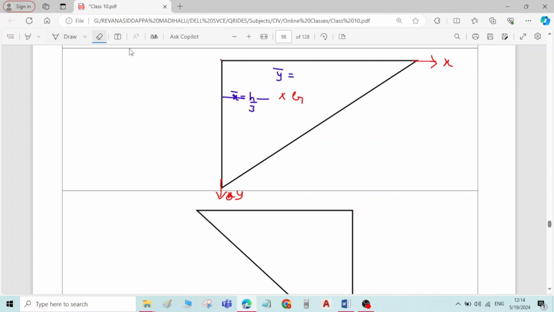If I take this as base and this as height, x bar will be b by 3 and y bar is equal to h by 3. Sign will be negative for only y and it is positive for x value. Okay. Y bar is equal to minus h by 3, x bar is equal to plus b by 3.